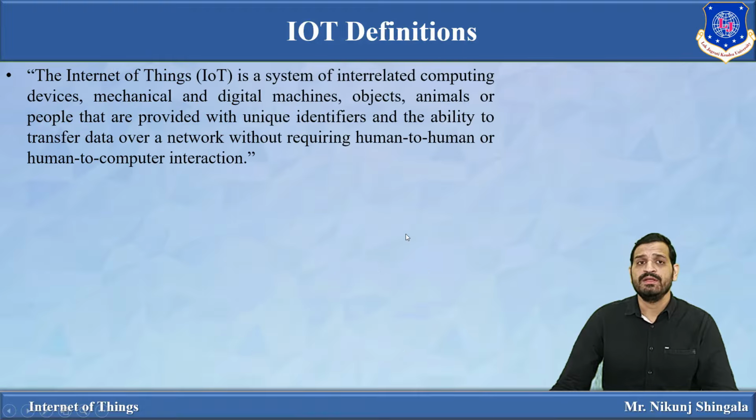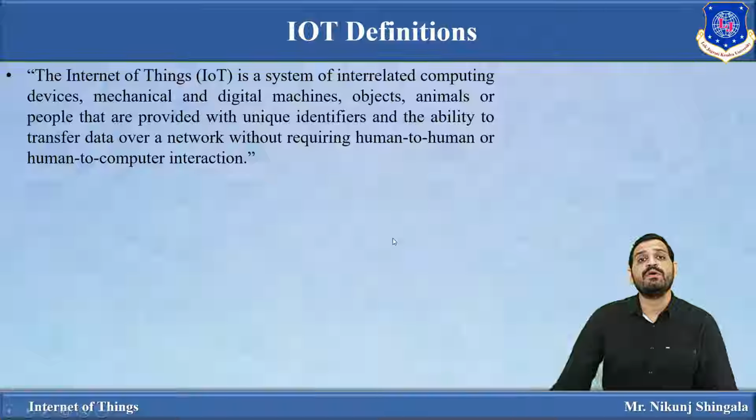Let us take another one. It is a system of interrelated computing devices, mechanical and digital machines, objects, animals and people, which are provided with a unique identifier. Everything connected to the network, how will it be identified? Those are given a certain ID, that is the UUID, a universally unique identifier. They have the ability to transfer data over the network without requiring human-to-computer or human-to-human interaction.